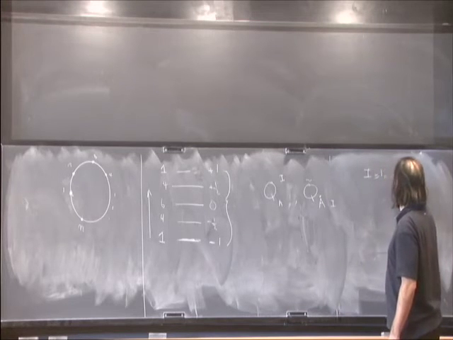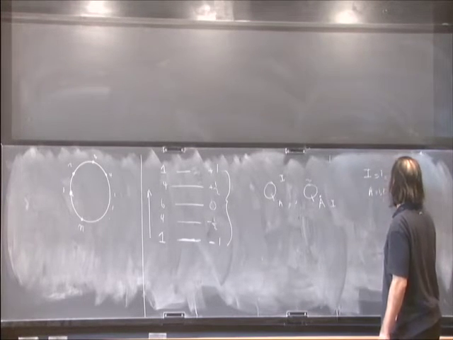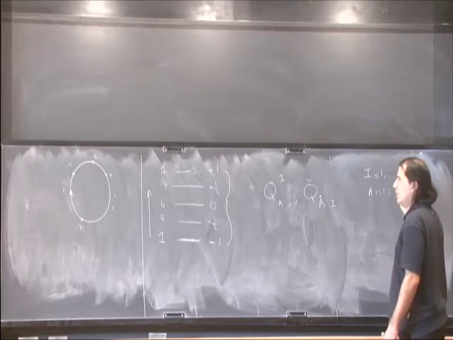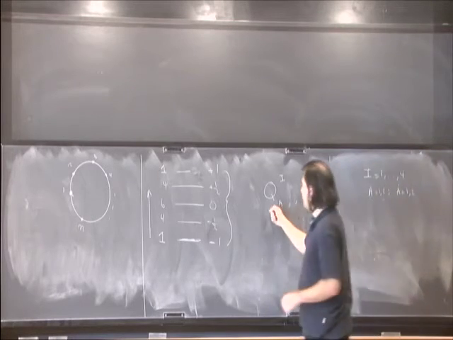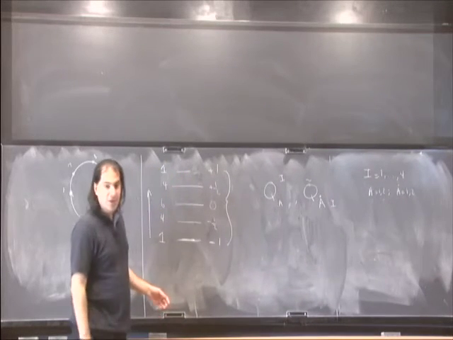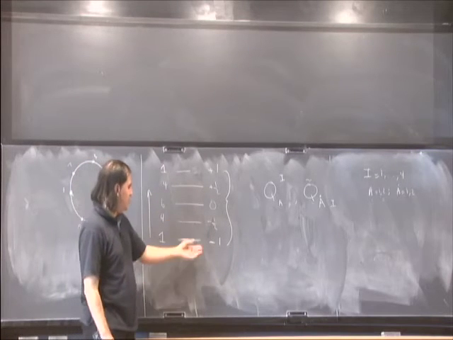So I runs from 1 to 4, and A runs from 1 to 2. These are the same SL2 indices we were talking about before. Using these 4 Grassmann generators, we can start at the bottom.